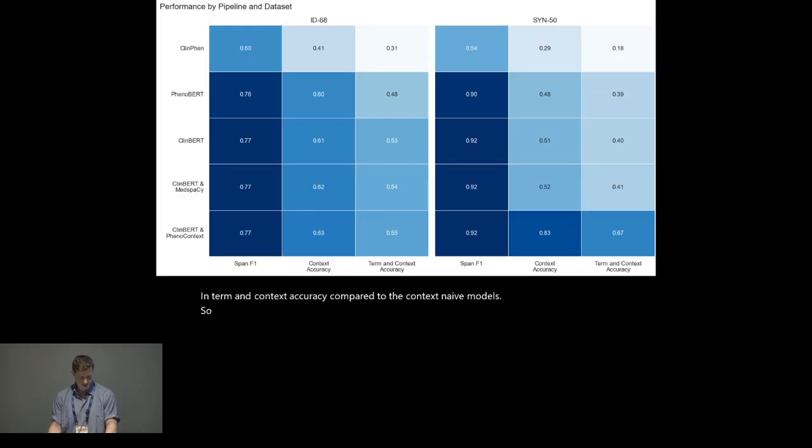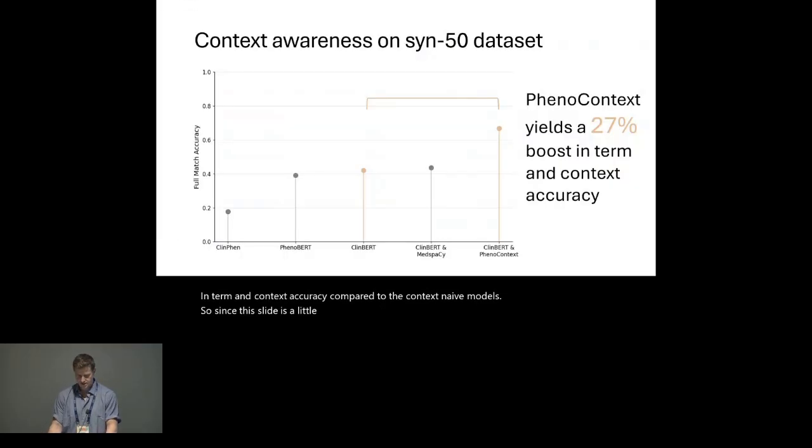Since this slide is a little busy, I'll just say that again: our PhenoContext model gives us a 27% increase in term and context accuracy compared to the context naive model, which again is the baseline or the default behavior for most of these phenotype extraction pipelines.